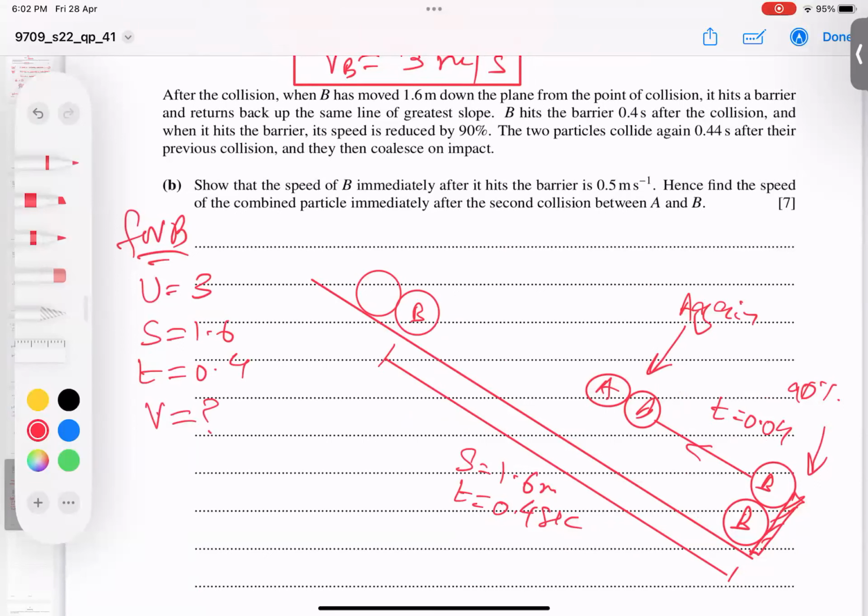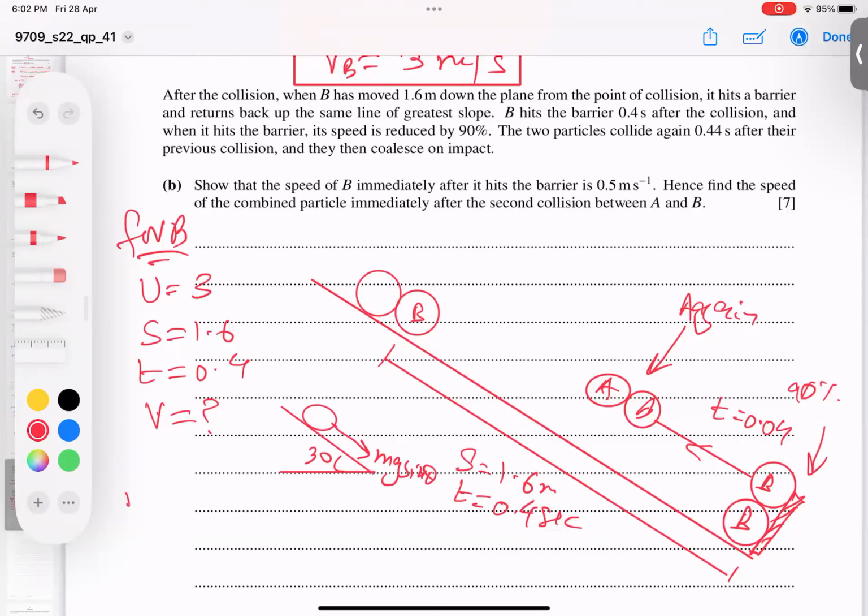The important part is when it is traveling downwards. I need to find the acceleration when a particle is traveling downwards. The weight acts downward as mg sin theta, and friction acts backwards, but friction is not there, and theta is 30.